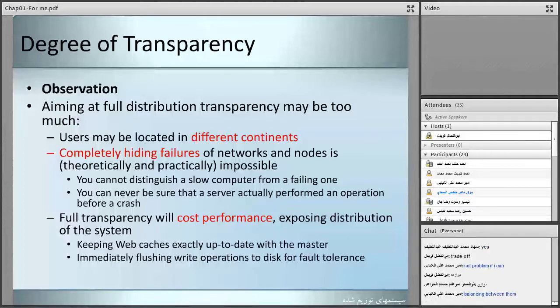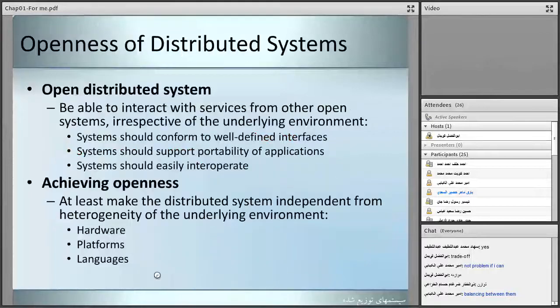In some cases, we need full transparency. In some cases, we need a low degree of transparency because performance is much more important for us. So it depends. Yes, balancing between these two. Very good. Thank you.